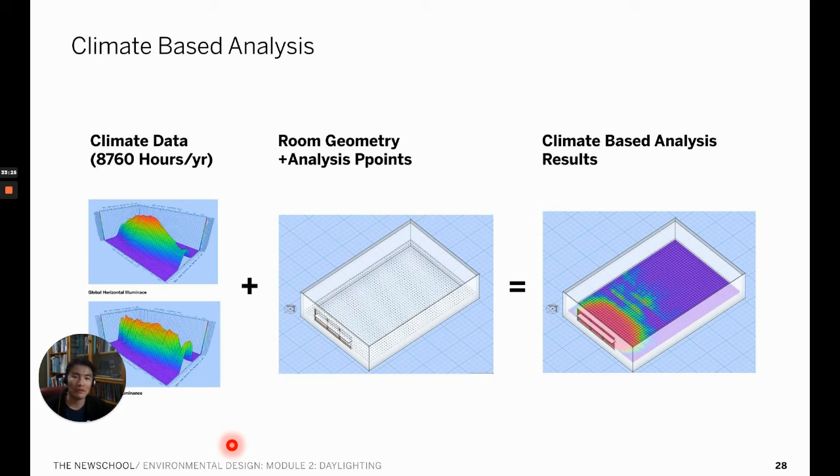Finally, we want to analyze the design based on the entire annual climate data, which comprises 8760 hours per year. The climate-based analysis takes the TMY weather data points, which contain the information of this 8760 hours measurement.